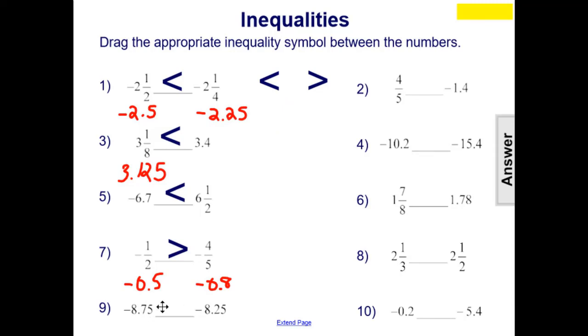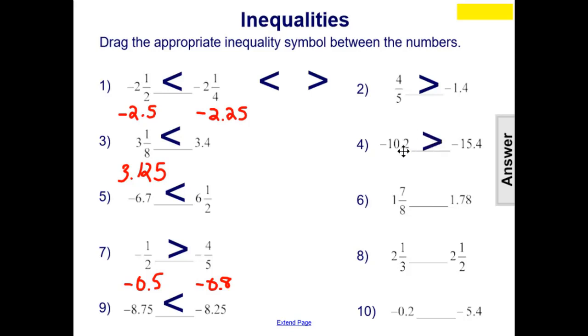Here, these are both in decimal form, negative 8.75 and negative 8.25. Negative 8.75 is farther from 0, so less than. A positive is always greater than a negative. Just like the case of number 5, we had 2 different signs, so it was easy to compare. Here, negative 10.2 is closer to 0 than negative 15.4, so more to the right, so it is greater.